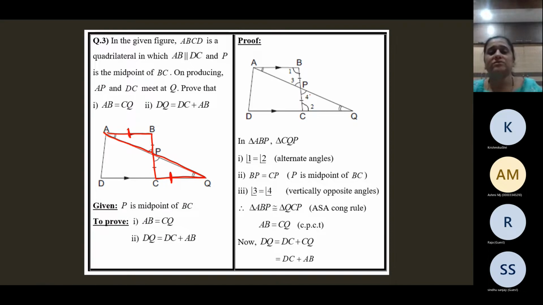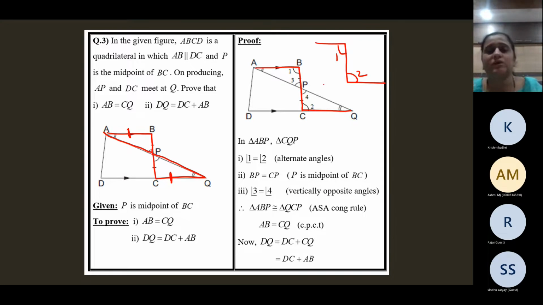In the two triangles, angle 1 is equal to angle 2 because of parallel line, transversal, parallel line. Alternate interior angles are equal. How much they measure, we don't know, and we don't need to. They are equal.